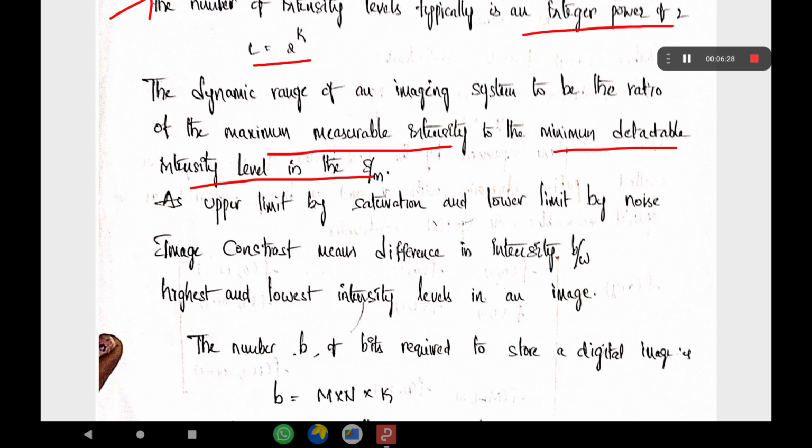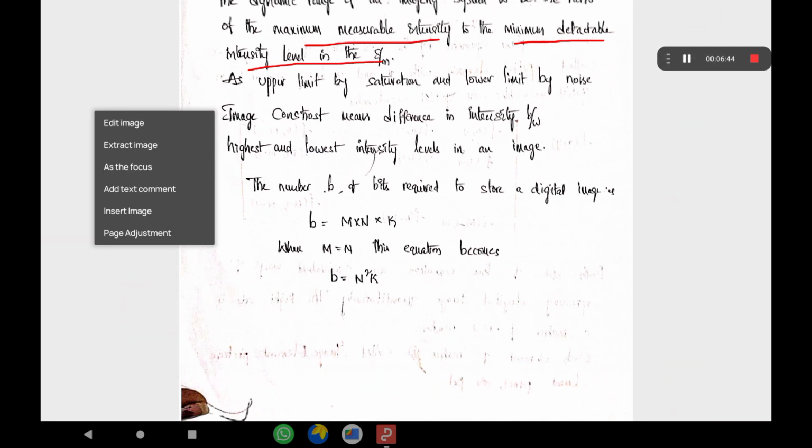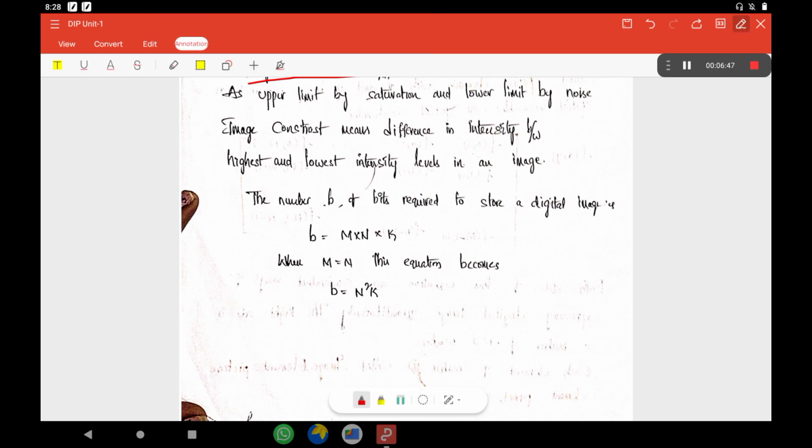Now, the number b of bits required to store a digital image is b is equal to m into n into k, where m is the number of rows, n is the number of columns, and k is the number of bits for the intensity levels. If the number of rows is equal to the number of columns, then both are equal, and this can be represented as b is equal to n square into k.